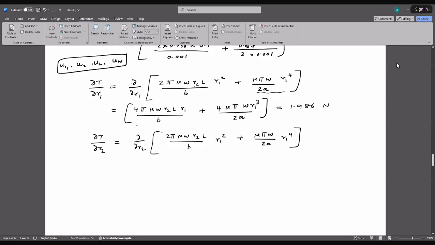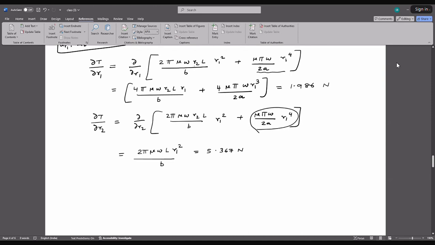The derivative of the second term will be 0, so only the first term has R2. It will just become 2 pi mu omega L R1 square over B. And if we substitute the values, we will get this as 5.367 Newton.